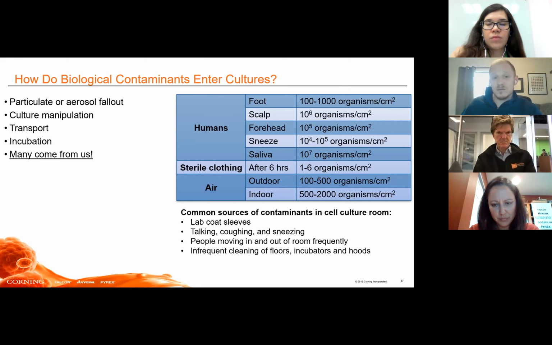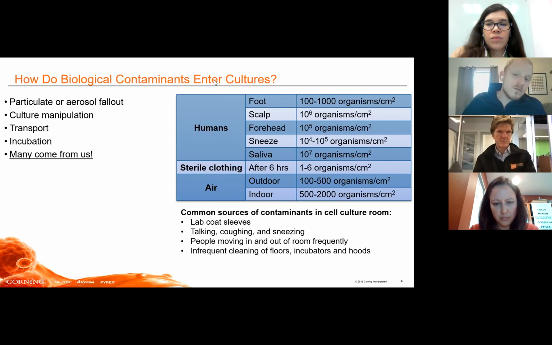And the reason for that is there are biological contaminants everywhere. On the right are just some examples of where they are on us and the number of microorganisms present on different areas of our body, as well as our saliva. And sterile clothing, about 6 hours after it's been sterilized, and this was from one study where they sterilized a lab coat, had on average between 1 to 6 organisms per centimeter squared.